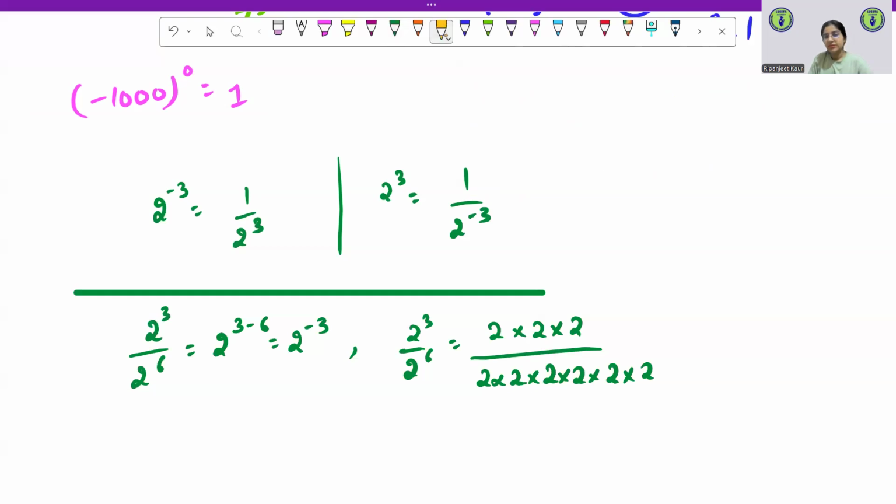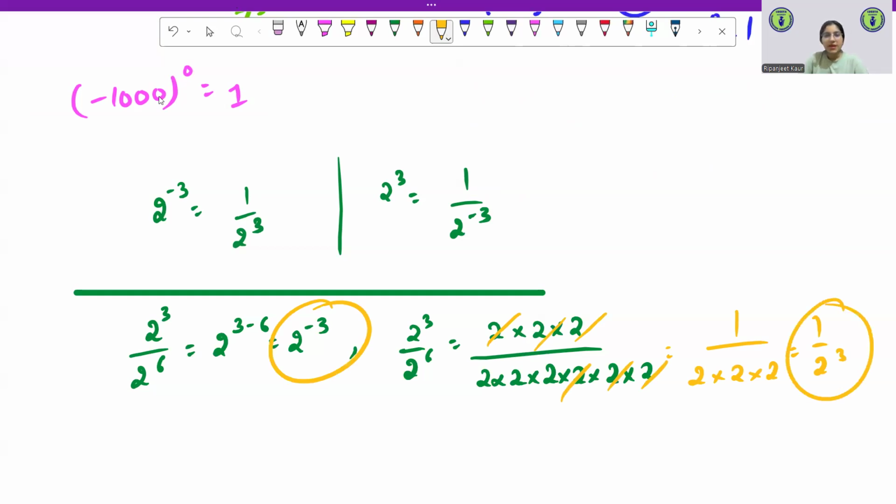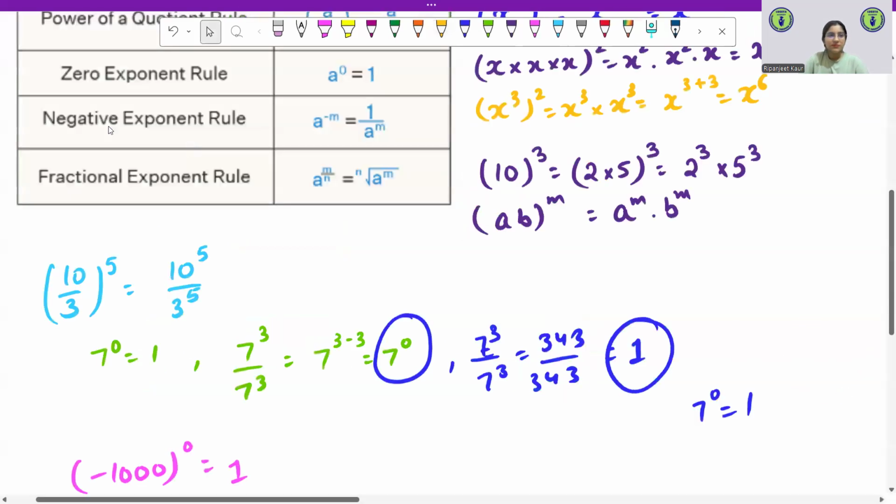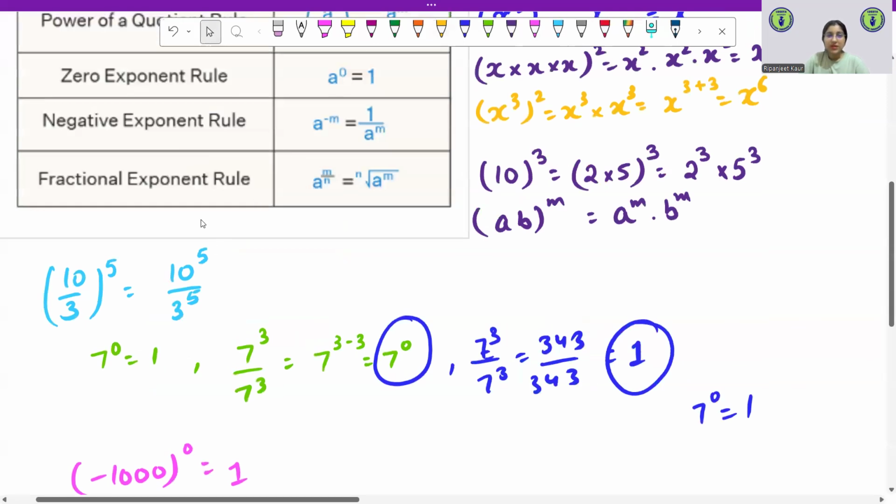And here we can cancel the 3 2's with the 3 2's. We are remaining with 3 2's, which is 1 over 2 raised to power 3. So that means this thing is actually equivalent to this thing. And this is our negative exponent rule.